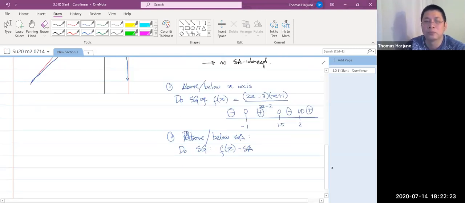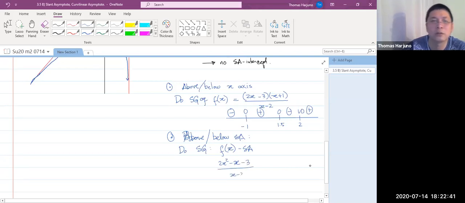Okay? So if this is positive, then the function is above the slant asymptote. Okay? So this is 2x squared minus x minus 3 over x minus 2.